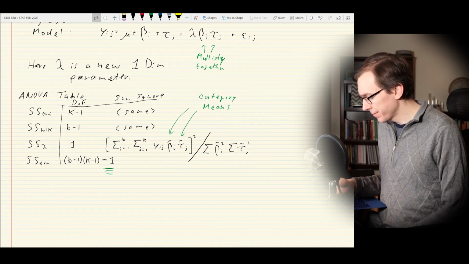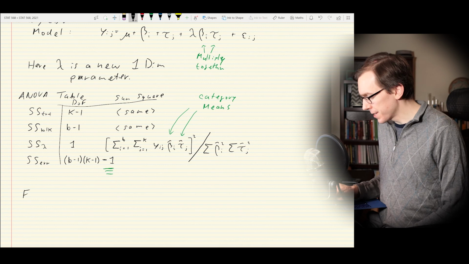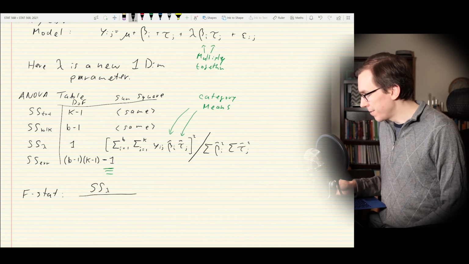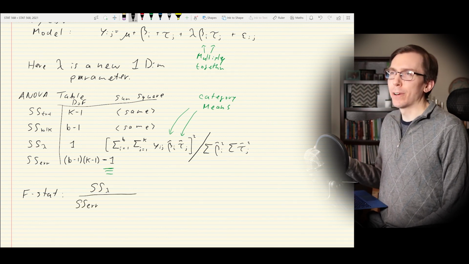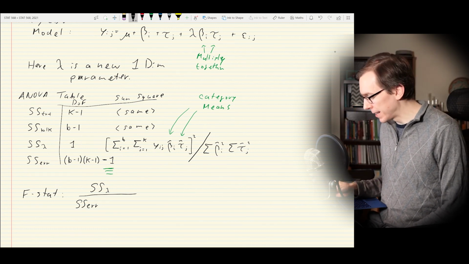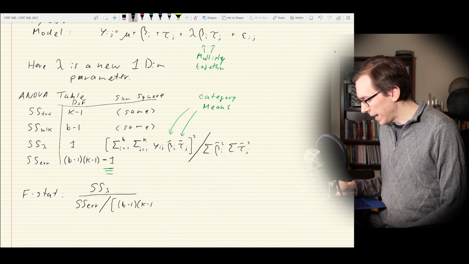So the F-statistic, let's switch back to black. The F-statistic is going to look something like the sum of the squared lambda divided by the error sum of squares. Now, in the numerator, I'm dividing by 1, the degree of freedom, so I'm not going to include that. But in the denominator, I have to divide by its degrees of freedom, which is b minus 1, k minus 1, minus 1.